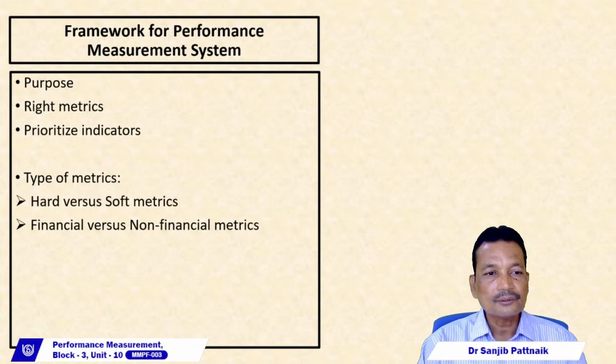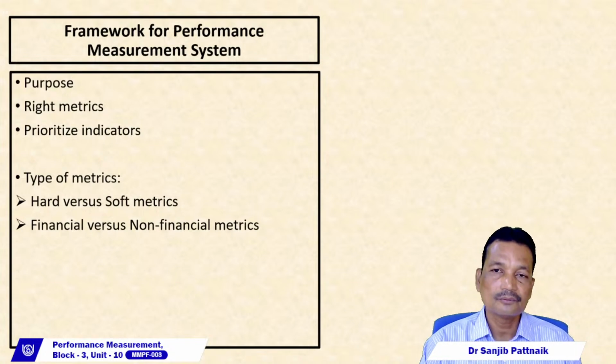Now let us look at the type of metrics. Now when we look at type of metrics, we have hard as well as soft metrics. Now what is a hard metric? In an organization, we can say the performance can be calculated as, suppose, cash flow.